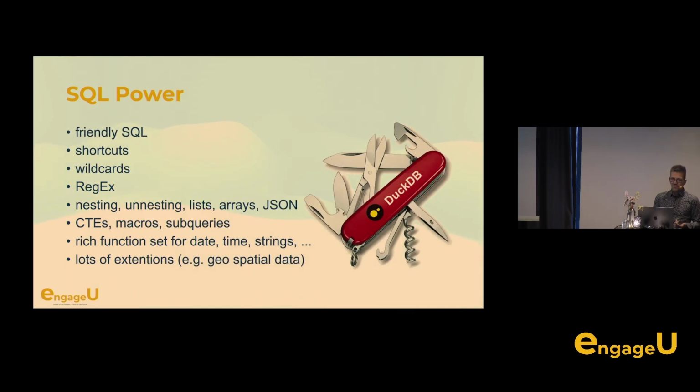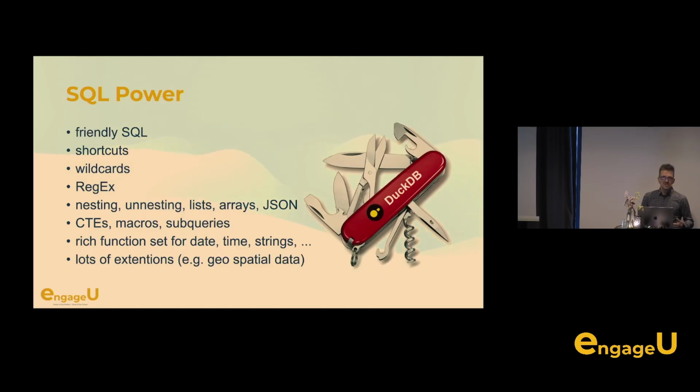They support nesting and unnesting of list arrays and JSON structures, and it's a really rich feature set. There are CTEs, which are a kind of subroutine in SQL. You can define macros, subqueries, and there's a really rich function set for the typical use cases we face every day with dates, times, and strings. And if you want to go further, there are even extensions for geospatial data, for LLMs, for whatever.